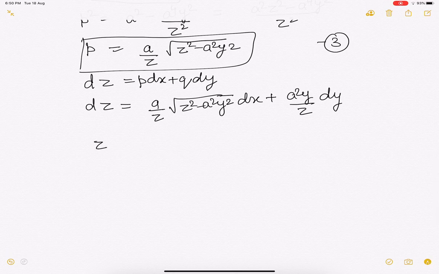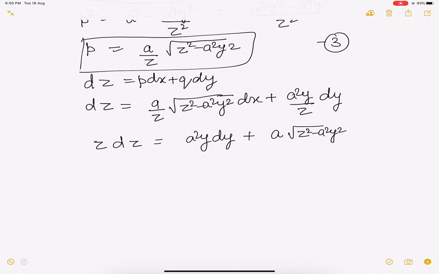So we have z dz is equal to a square y dy plus a root over z square minus a square y square dx.